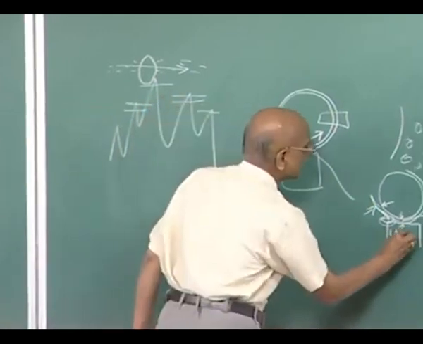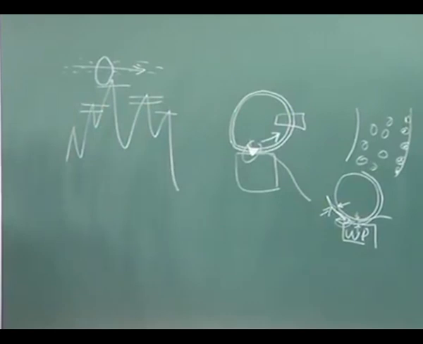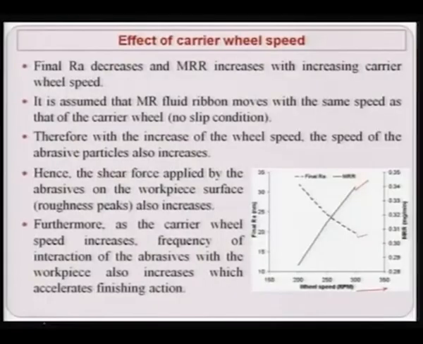That means it is very similar to a higher cutting speed in conventional metal cutting, and that is why you have a higher material removal rate. Furthermore, as the carrier wheel speed increases, the frequency of interaction of the abrasive with the workpiece also increases, which accelerates the finishing action, which is very simple to understand.